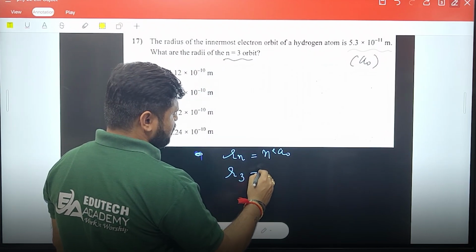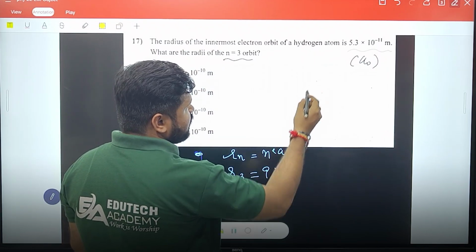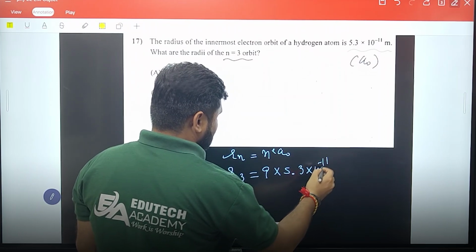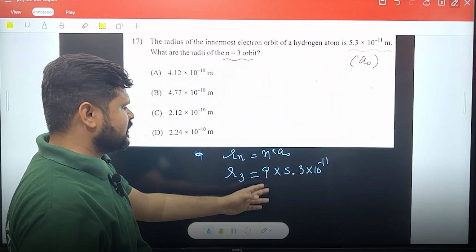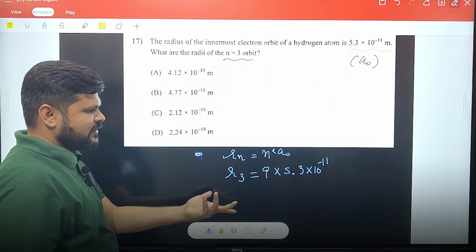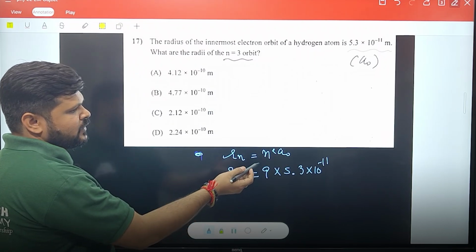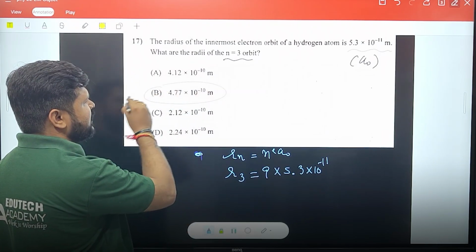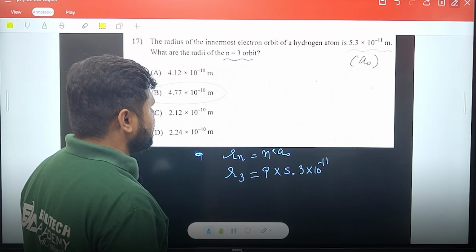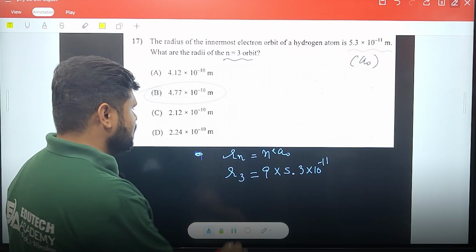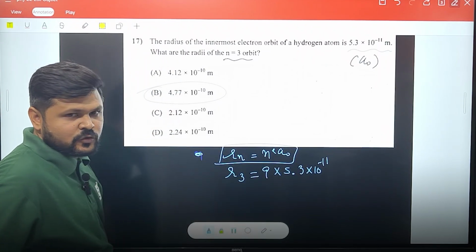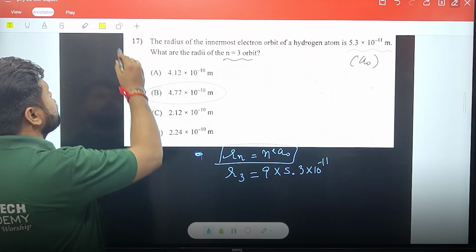So r3 equals 3 squared, that becomes 9, a0, that is 5.3 into 10 raised to minus 11. Just make the calculation, 9 into 5.3. So I think it will become 47.7, and just shift the decimal by one point. So the final answer will be 4.77 into 10 raised to minus 10 meter. So this is one simple MCQ, use the formula rn equals n squared a0.